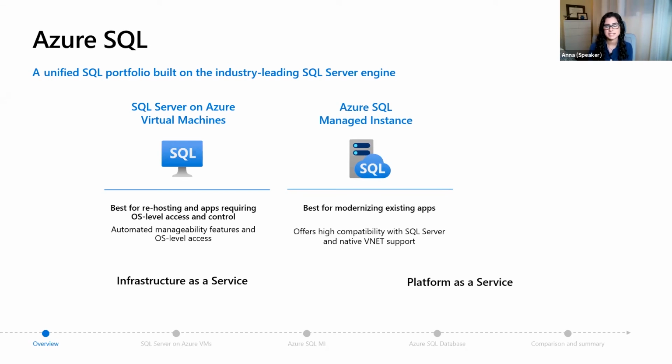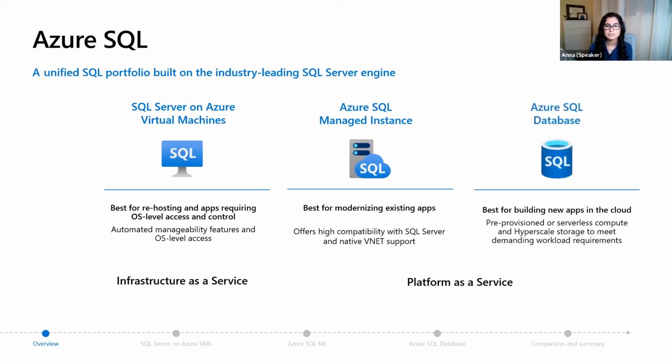So the first one is Azure SQL Managed Instance. And this is one of our platform as a service or PaaS type of offerings. And this is great if you say, I don't want to manage the OS. I just want a managed SQL Server. So that's great for Azure SQL Managed Instance. And then on top of that, we have some customers that say, I don't even really need the instance scoped capabilities.